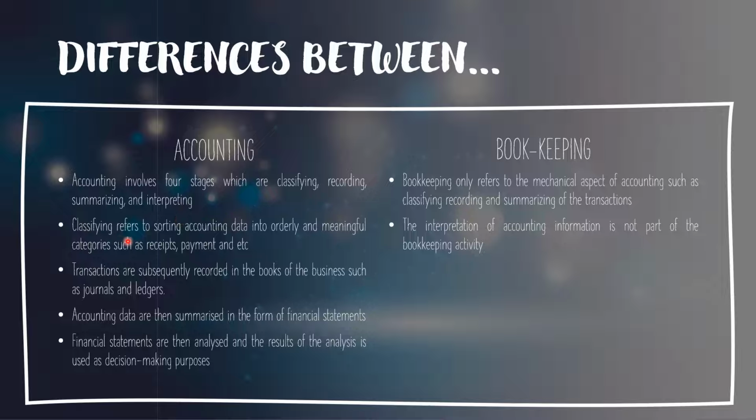Classifying refers to sorting accounting data into orderly and meaningful categories such as receipts, payments, etc. Recording refers to the transactions being recorded in the books of the business, such as in the journals or ledgers. Summarizing refers to the accounting data being summarized in the form of financial statements, when we prepare the statements of financial position and the statements of profit or loss.